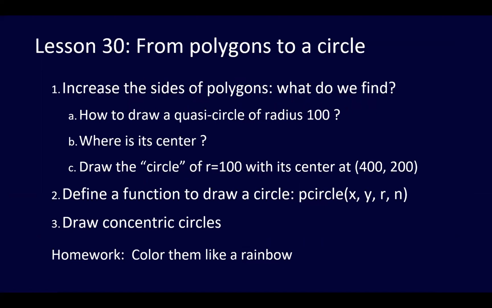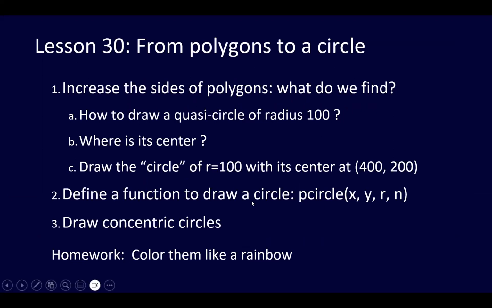So from polygons to a circle, lesson 30. Last time we learned that we can draw a very similar circle, a polygon circle, by increasing the number of vertices in a polygon, like 26 or 30.